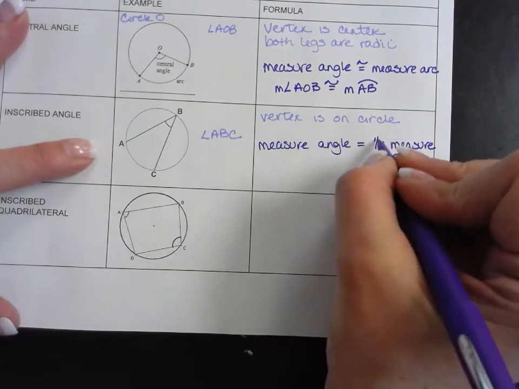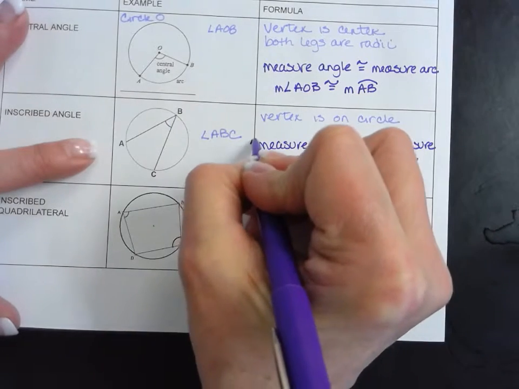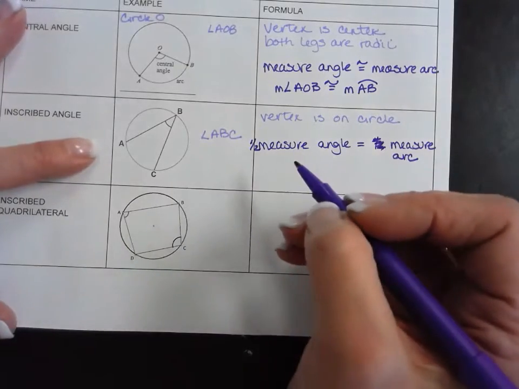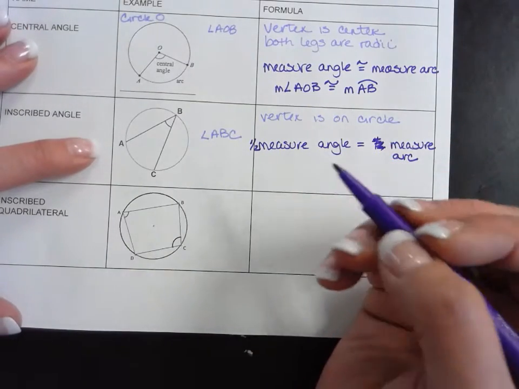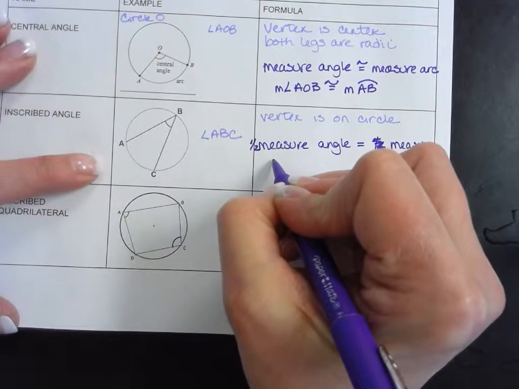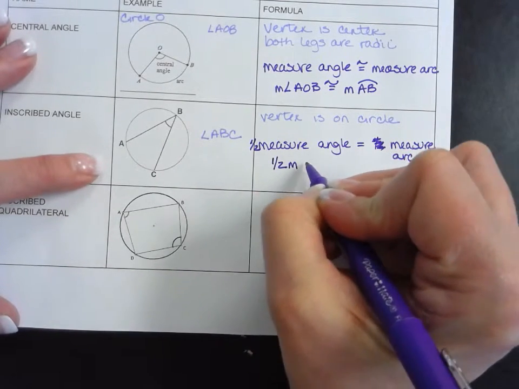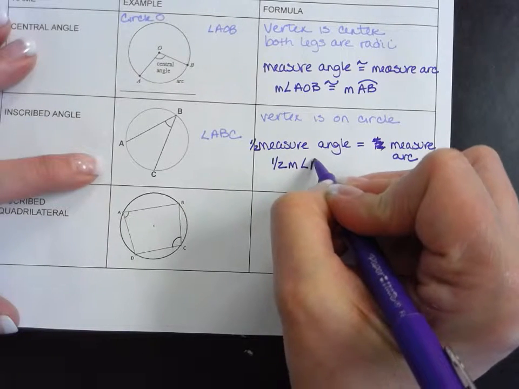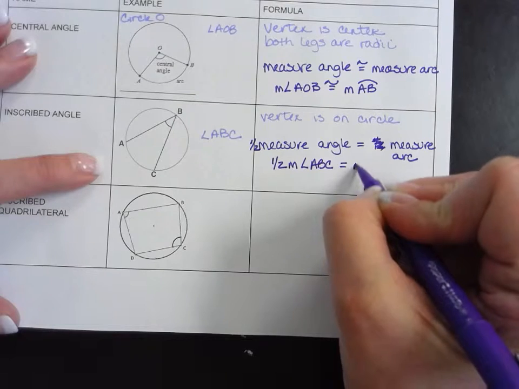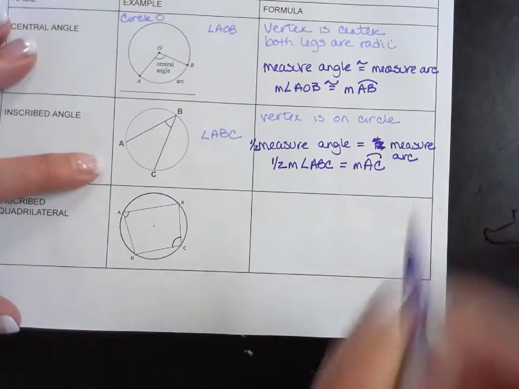So you could either say it's 1/2 the measure of the arc, so we could say 1/2 the measure of arc AC is equal to the measure of angle ABC.